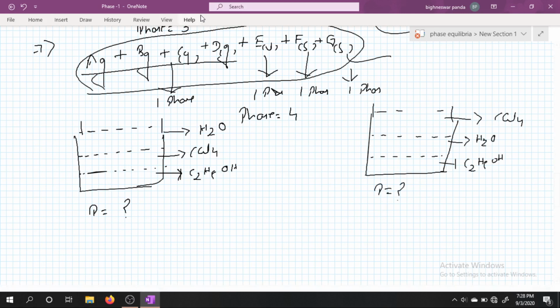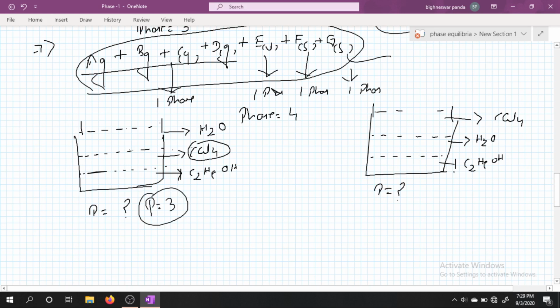Since CCl4 is non-polar and does not dissolve in water and C2H5OH, there are 3 boundaries present.